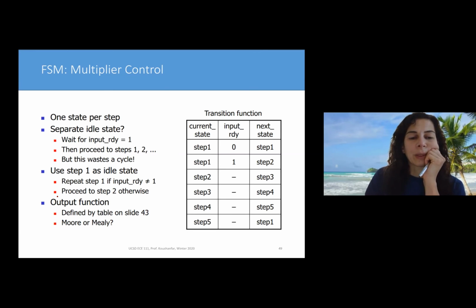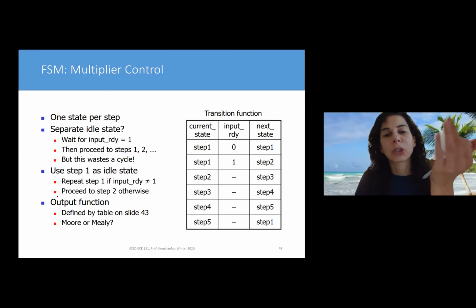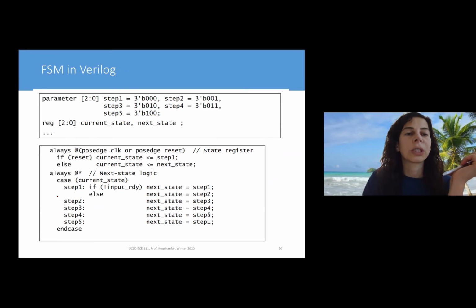Now, the output function, you could design it however you want. You could design it as a Mealy machine. You could design it as a Moore machine. And here I'm just writing the Verilog interpretation of this.